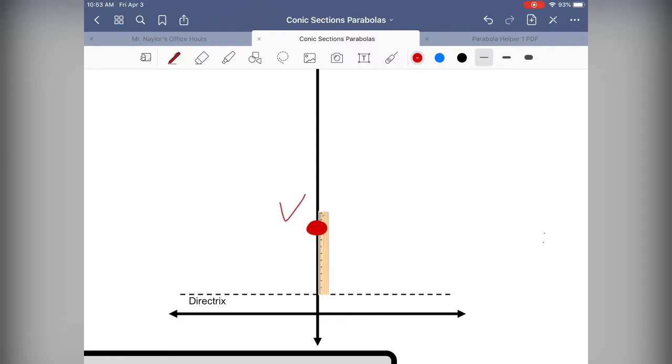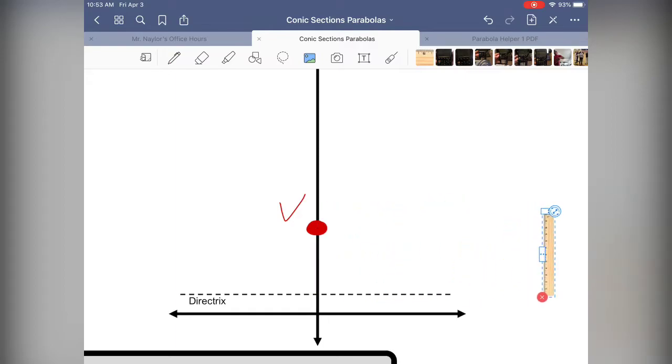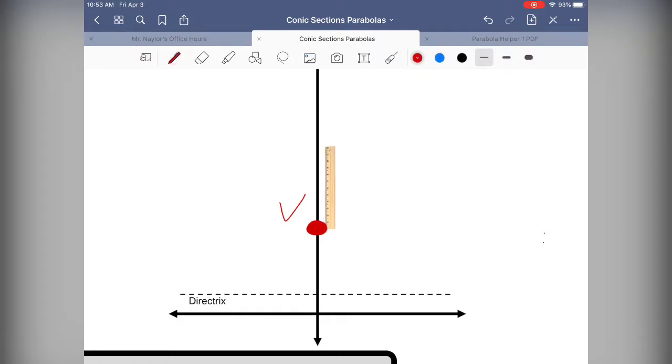Now, I got to get used to this technology here. We also then are going to have a focus, which is going to end up being the same distance from this vertex. So we'll make that another 1/2 inch. And again, if you're a girl, you can be using a different measurement here if you want.